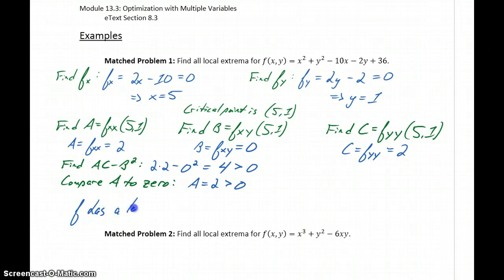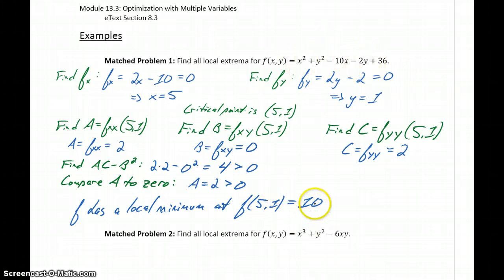So f has a local minimum at (5, 1). And then if we plugged 5 and 1 back into the original expression, we would get a result of 10. So our function value at (5, 1) is going to be 10.